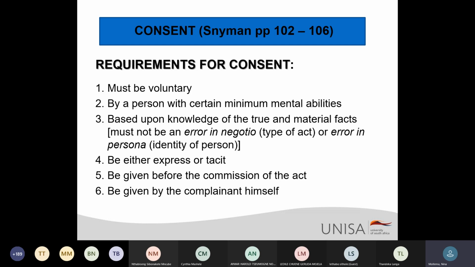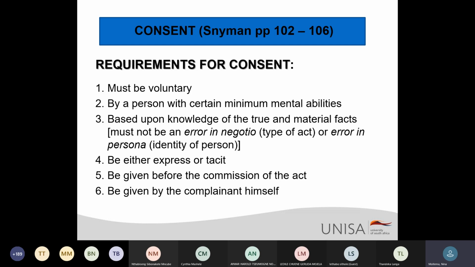Consent has to be given by a person with certain minimal mental abilities. You have to have criminal capacity, to know what is right and wrong and to be able to distinguish between those two. That is the minimal mental capacity. Your consent must be based upon the true and material facts, knowledge of that. This is exactly the same as in the lesson that you had on rape. In other words, it must not be an error in negotiation, that is, an error as to the type of act.